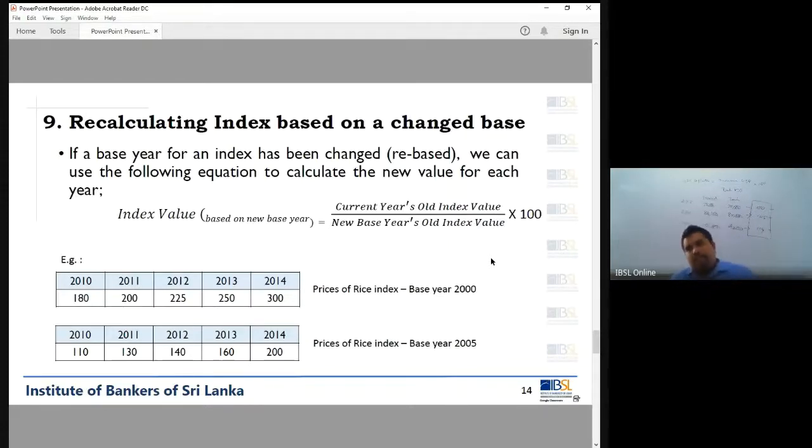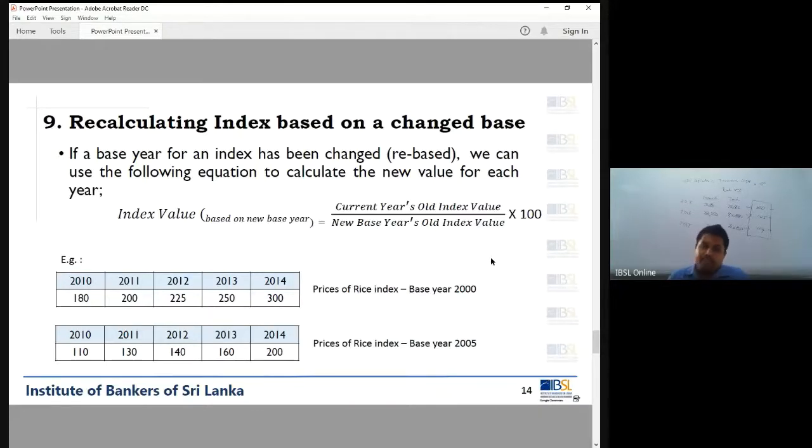So let's say I start an inflation index in year 1980. Now, after 20 years, obviously, I will find that I am comparing the 21st year data with 1980. Would that be a good comparison?